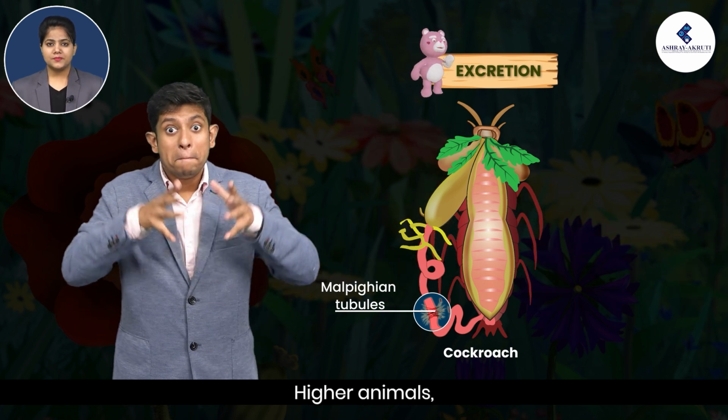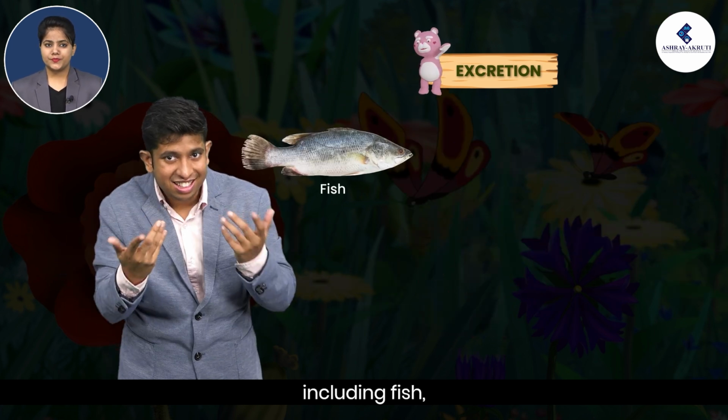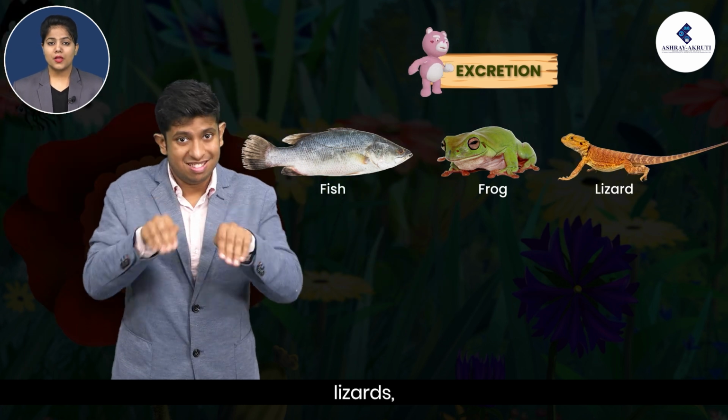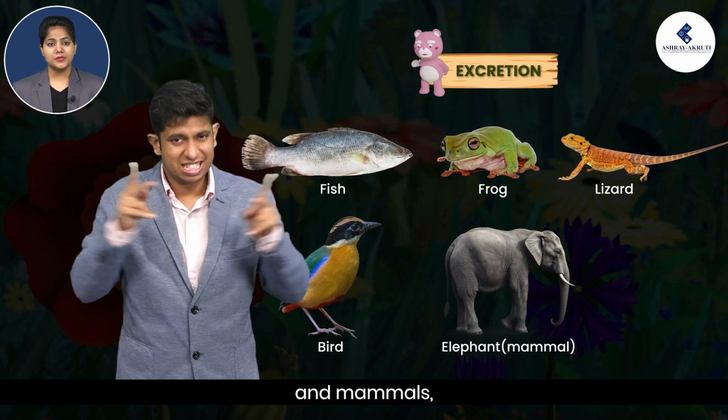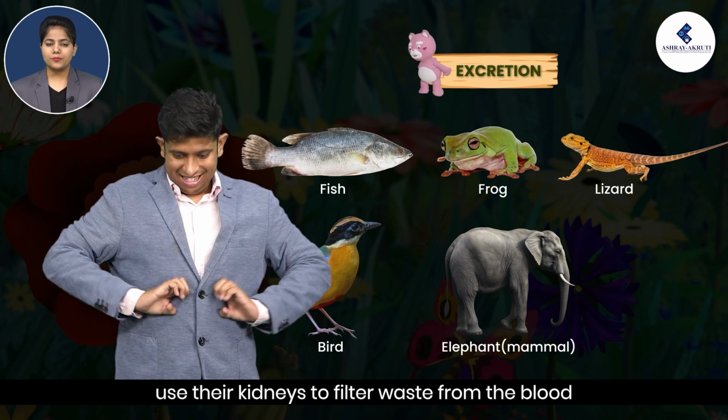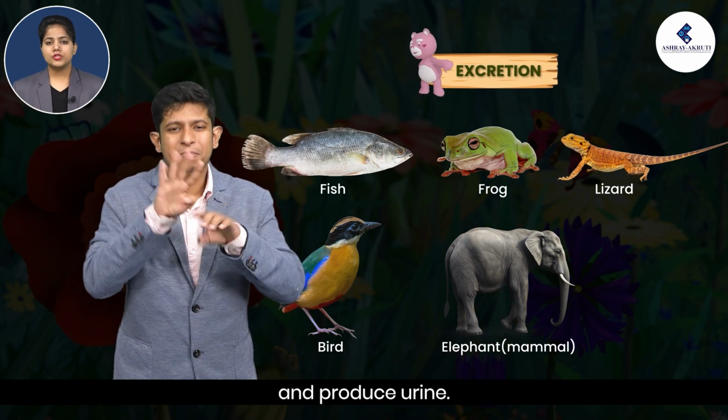Higher animals, including fish, frogs, lizards, birds, and mammals, use their kidneys to filter waste from the blood and produce urine.